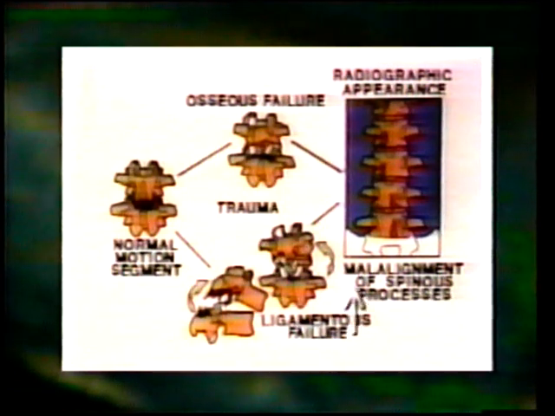A typical example: if we see a normal motion segment and severe forces are applied to it, if the facet joints fail or the pars interarticularis fails, then we will have instability.